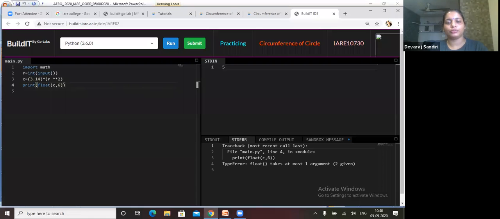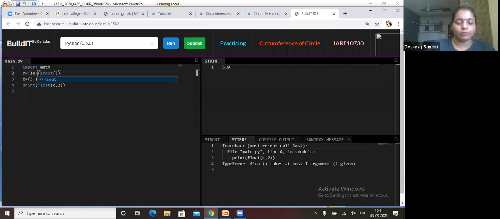C comma float of 6, print 6. Okay, 6 is not there, I think so. 4. No, it's not coming. 2. No. Here 5.0, I will give you an input float.